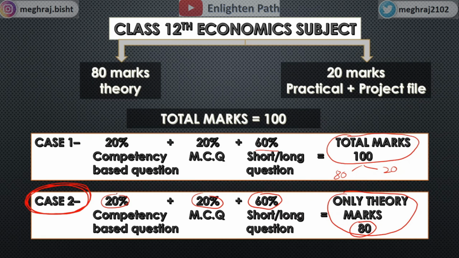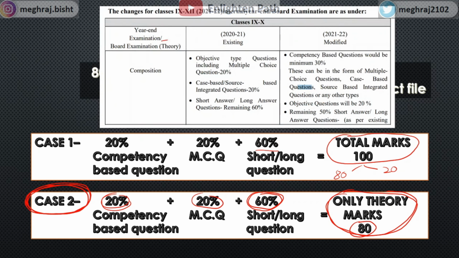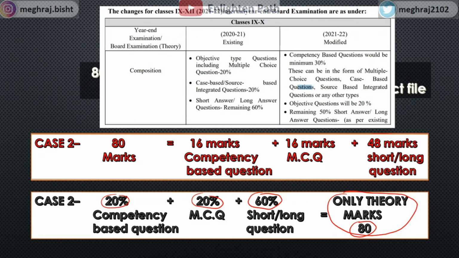CBSE has said that the 20%, 20% and 60% breakup is from the theory examination only, that is 80 marks, because in its circular, CBSE has specifically highlighted the theory part. So this breakup of case 2 is from 80 marks. There will be 60 marks competency based question, 16 marks MCQ and 48 marks short long question. So this is the percentage breakup I've converted into marks.